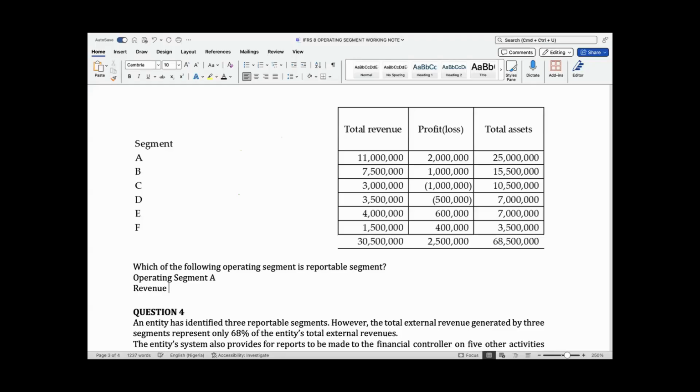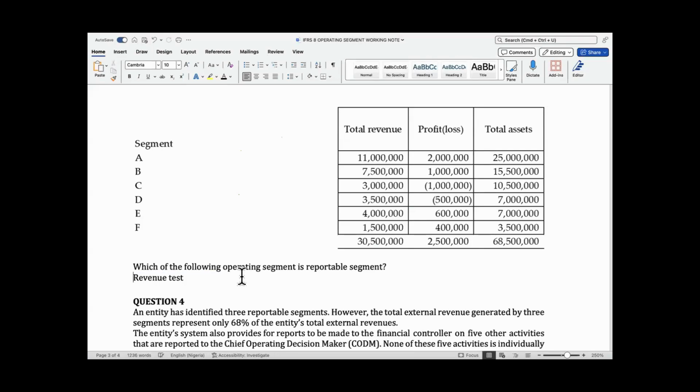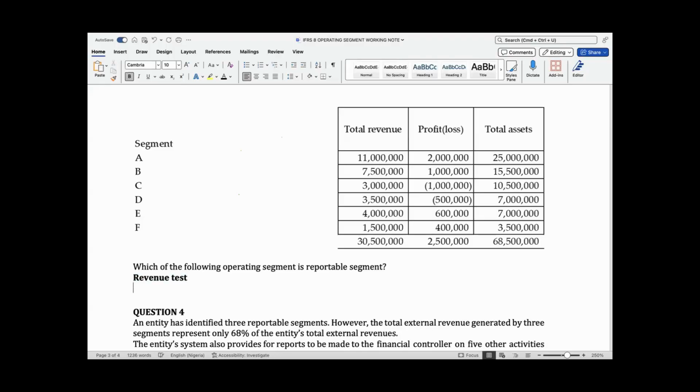First, I do the revenue test. For segment A, I will do 11,000.